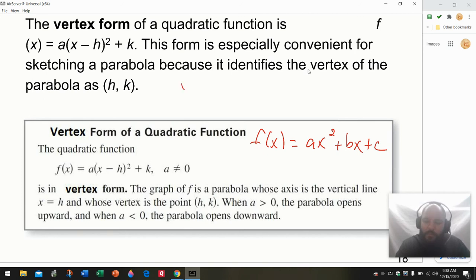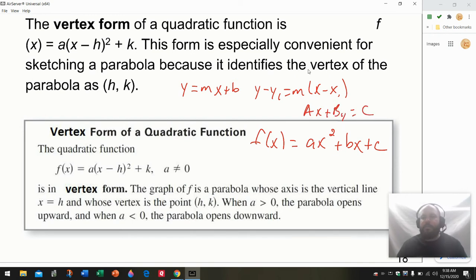And their 3 forms are slope-intercept form, point-slope form, and then the third form is standard. I don't know if you even remember, but we did review those at the beginning of the school year when we worked on the review packet. So linear equations can take 3 different forms. Quadratic equations, what we're going to study, can have 2 different forms.